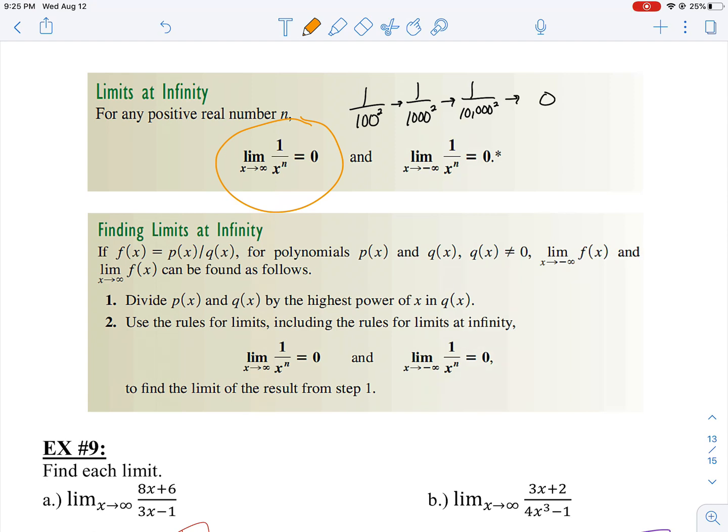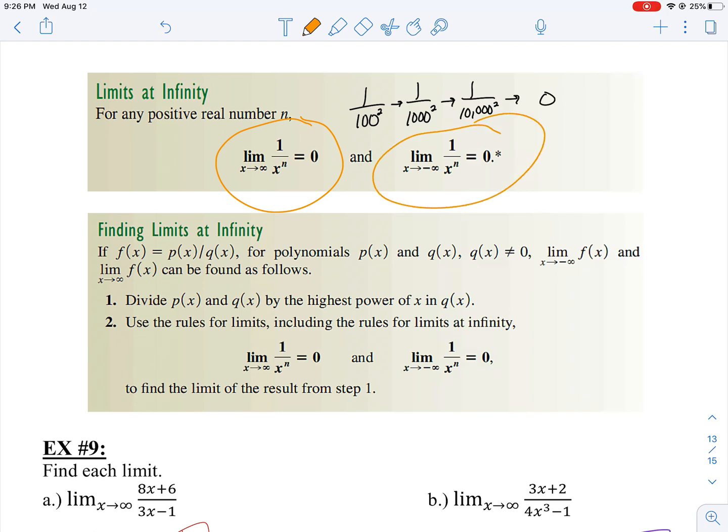Well, that's kind of like saying if I have 1 over 100 squared, and then I go to 1 over 1,000 squared, and then 1 over 10,000 squared. Aren't those fractions getting smaller and smaller until eventually they approach 0, right?